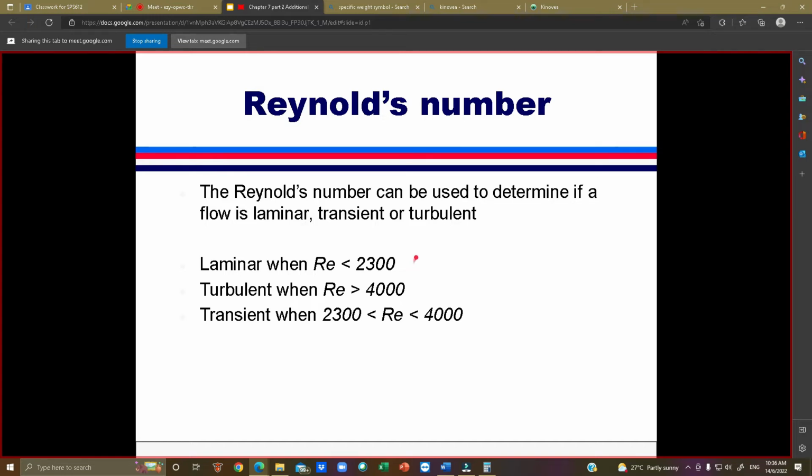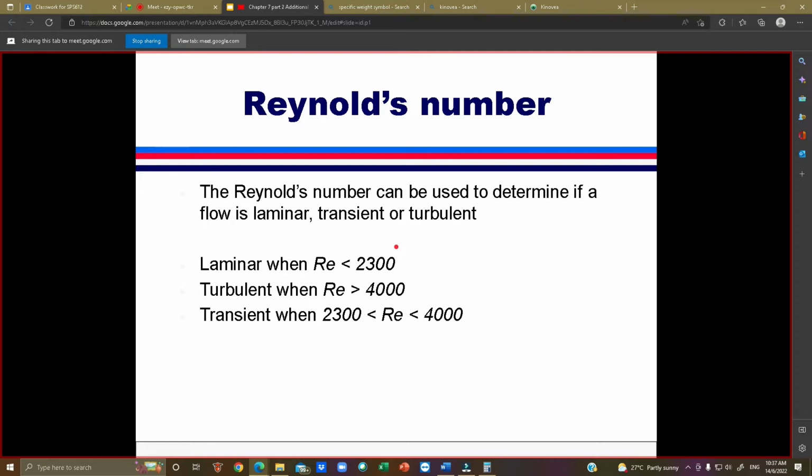If the numbers is less than 2300, we can see that the item is aerodynamic, means it has very less turbulence. But if you put an object in wind tunnel and the numbers tend to be more than 4000, means that the object is more prone to turbulent rather than laminar.